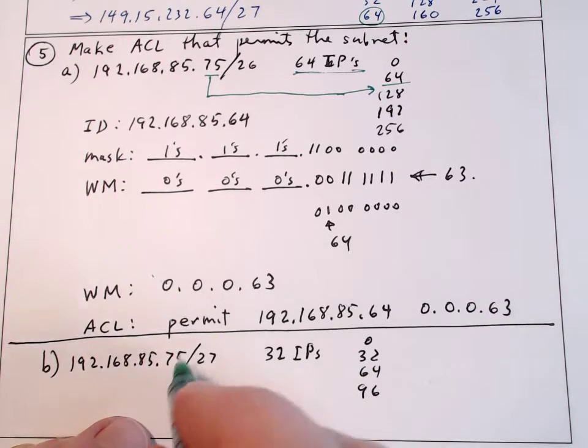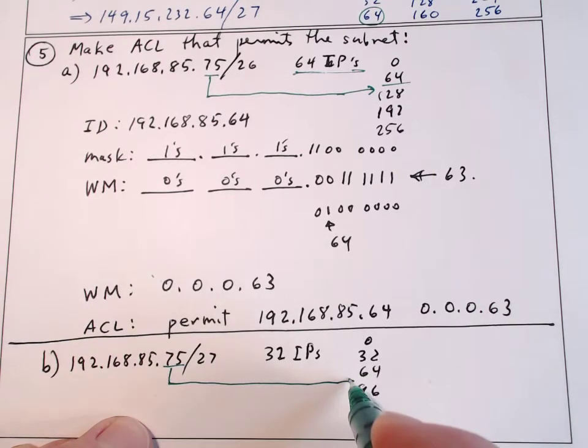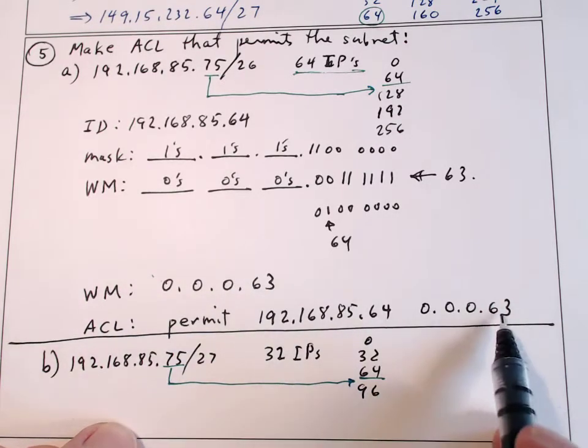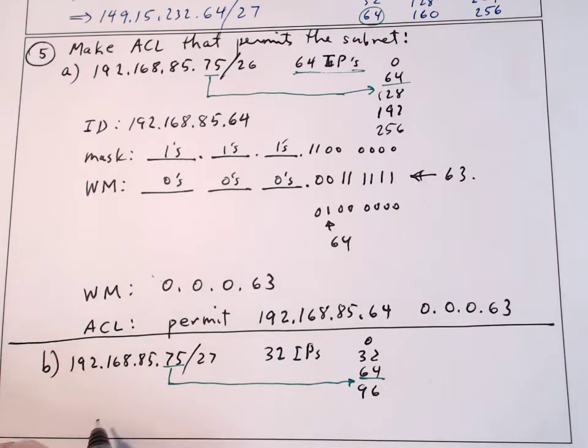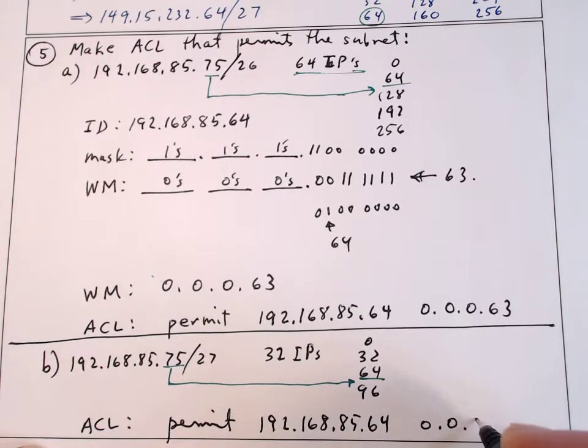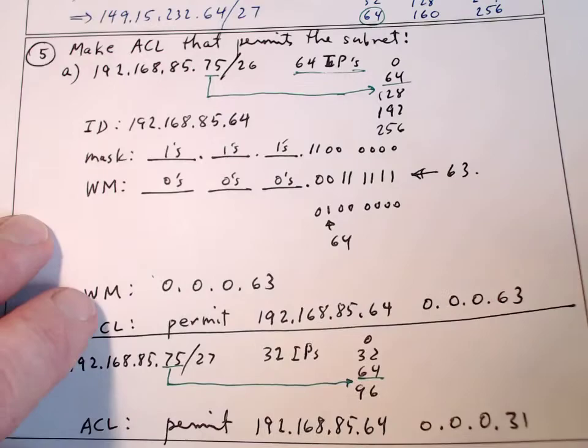Therefore, it's the 64 network. It's the same answer, except we're going to have a .31 instead of a .63. Makes sense, I hope. So 192.168.85.64 with 0.0.0.31.